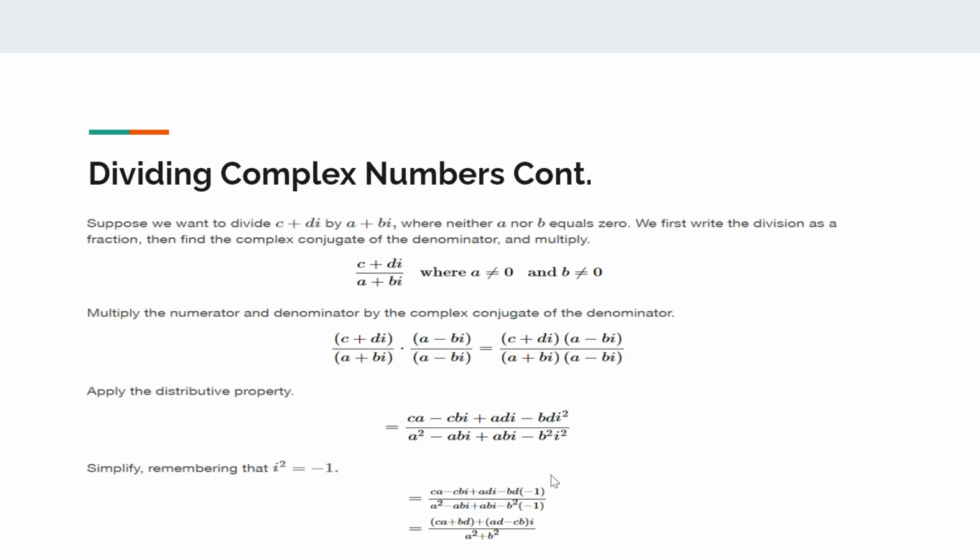And we can cancel out the negative 1 on top and on bottom. Also, negative abi plus abi is just 0, so we got a real number in the denominator, and our numerator becomes ca plus bd, whole thing, plus ad minus cb, whole thing, times i. And that's our solution.